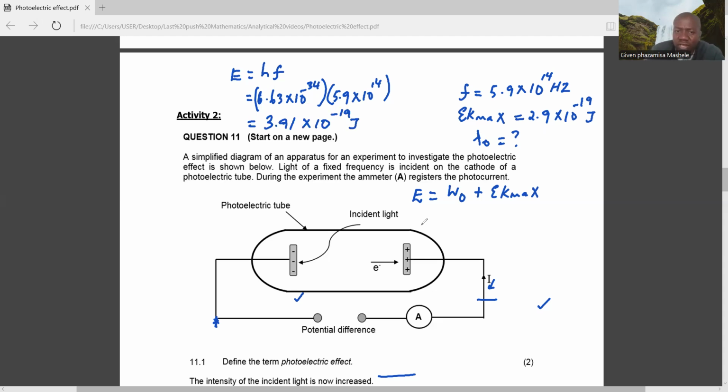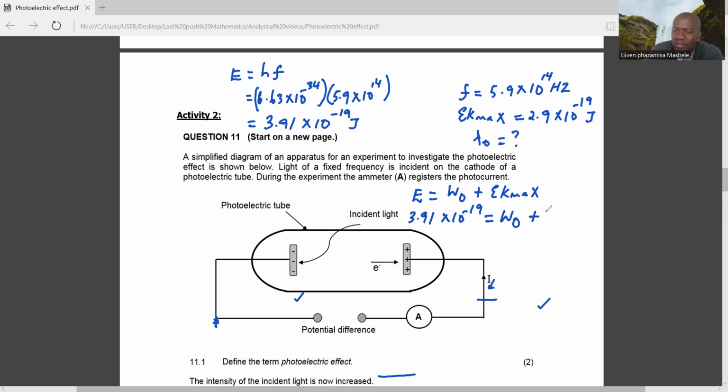Let's do the substitution. We have energy of photon is 3.91 times 10 to the power negative 19. We do not know the work function, but what do we want, guys? We want the threshold wavelength. Remember, there are many ways to skin a cat. Here, just for simplicity, let's make the work function the subject of the formula.